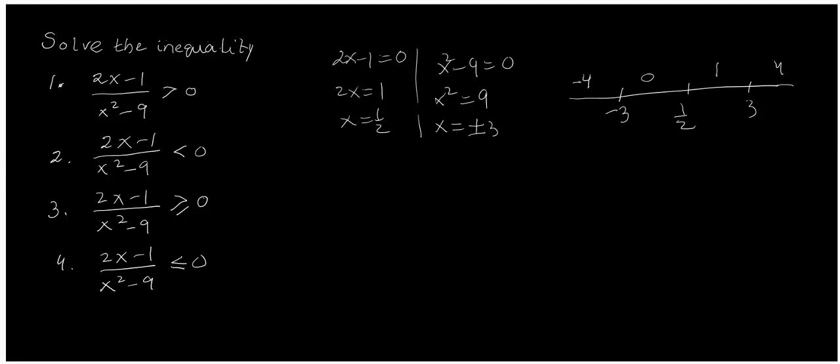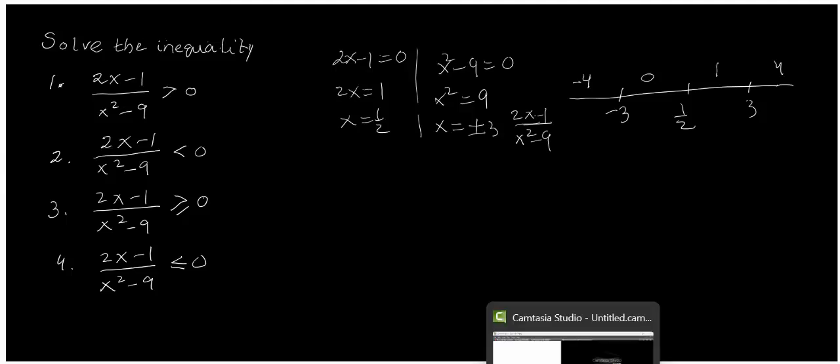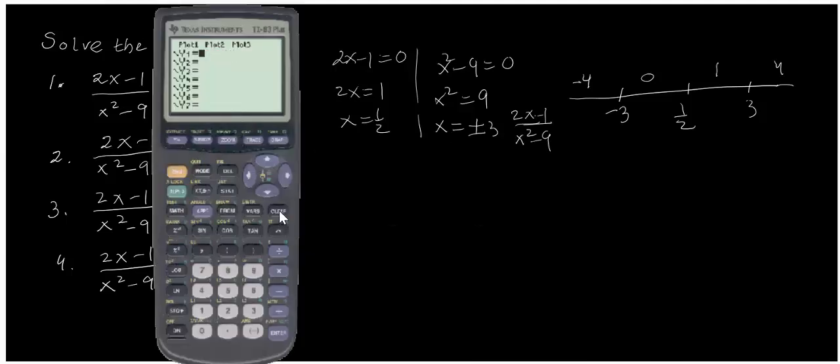Now the rational form we have is (2x - 1)/(x² - 9). We'll check the sign of this at the test points. And you can take advantage of your graphing calculator. So let me show you that. So the function you have is 2x - 1, I'll be using parentheses (2x - 1) and then divided by x² - 9.